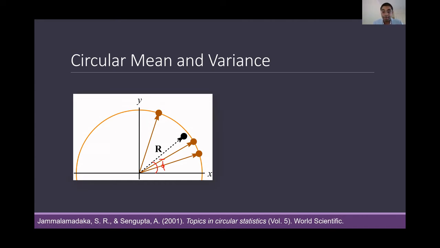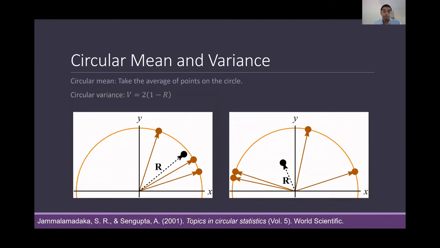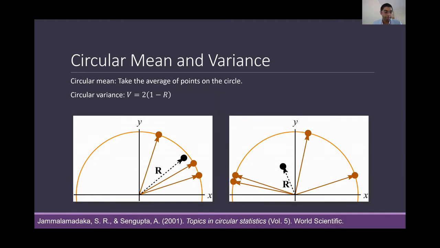And what about the circular variance? So here I have the same thing for a lot more dispersed angles. And you'll notice that if the angles are more dispersed, this resultant vector has a shorter length. And this is a general result. The more dispersed the vectors are, the shorter the resultant length is. And so in classical circular statistics, which is a field that was invented by, I think, geologists and biologists, you look up to the sky, you see a bunch of birds, you're like, what's the average direction those birds are flying in?